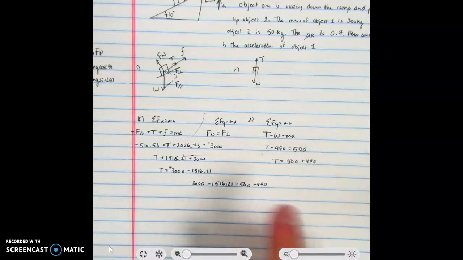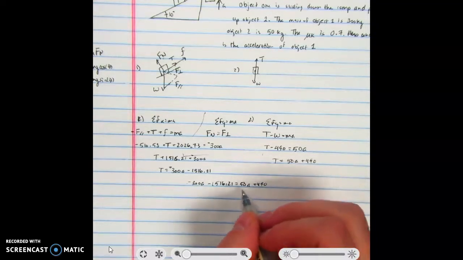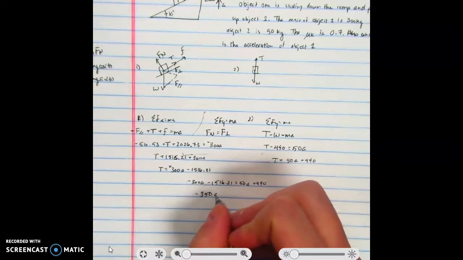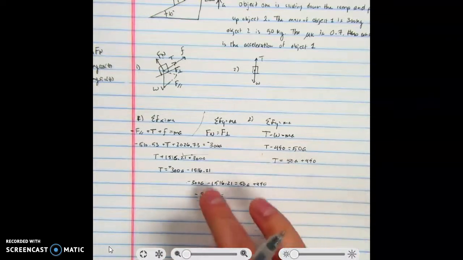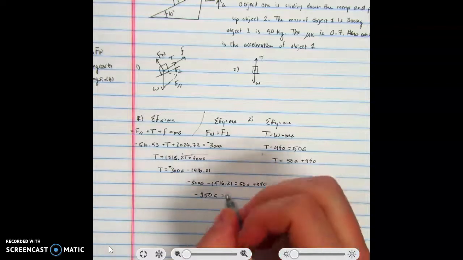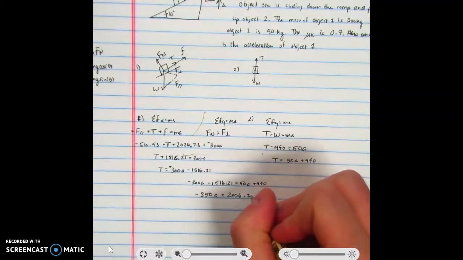Now let's combine some stuff. I'll do negative 350A equals, adding the 1516.21, 1516.21 plus 490 gives me a positive 2006.21.